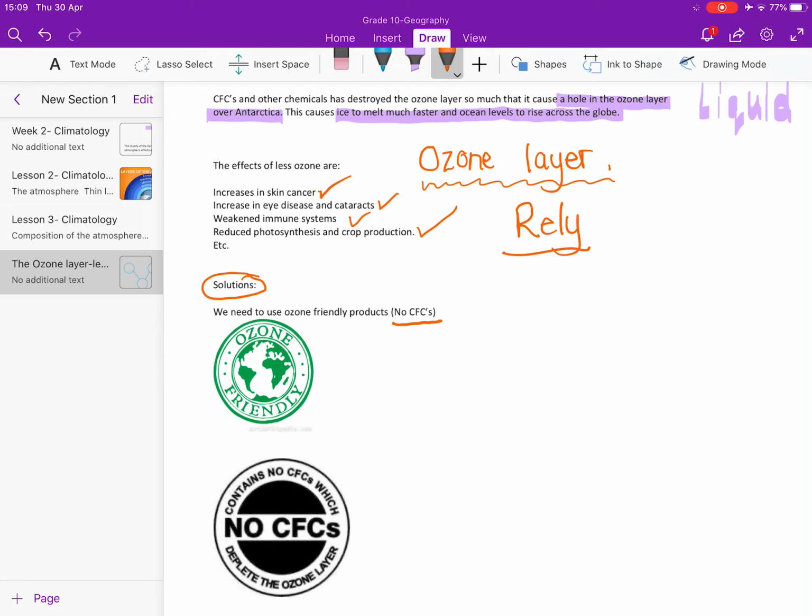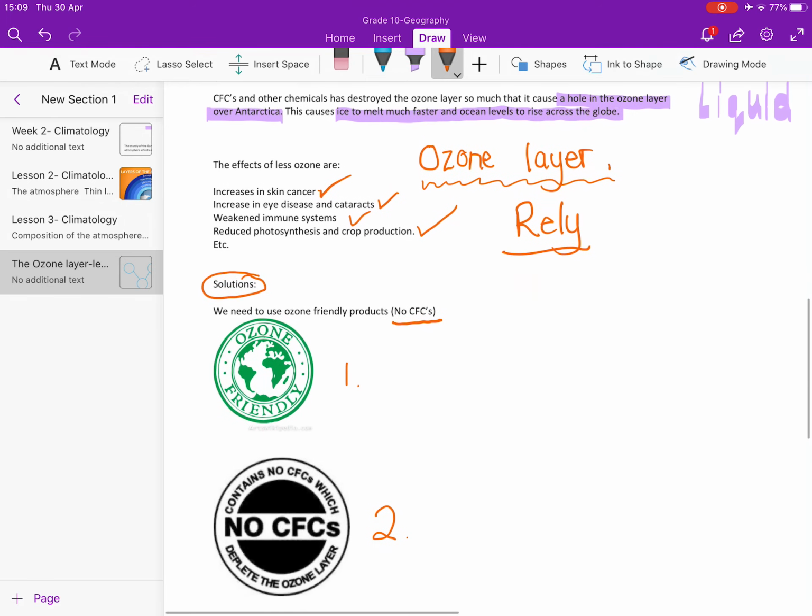And if you want to buy such a product, you need to look for these two symbols. This one over here, ozone-friendly, and our second one is no CFCs. This symbol should be on the back of a spray can or of a pesticide or whatever you're using. Make sure that it's ozone friendly and that it contains no CFCs.